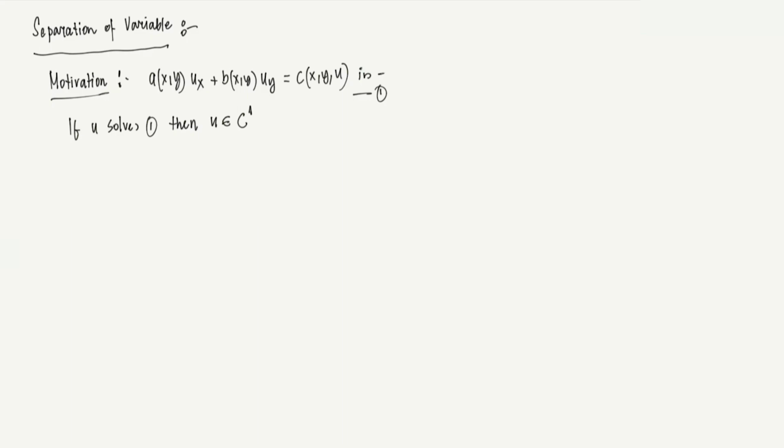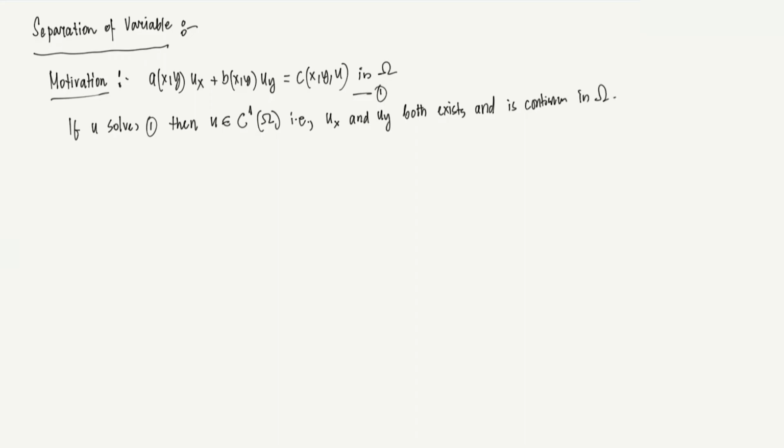Let's say this is in omega, so C1 of omega, for a global solution to exist. What that means is that u_x and u_y both exist and are continuous in omega.